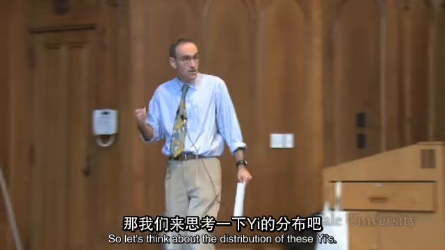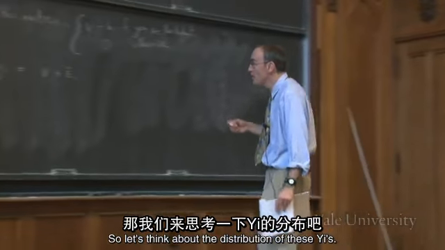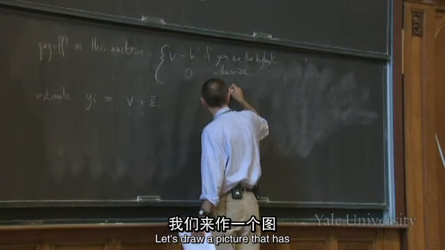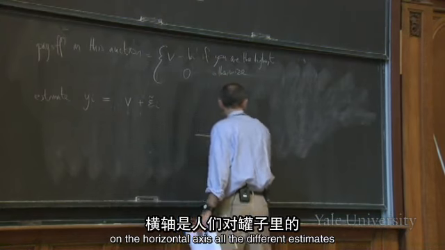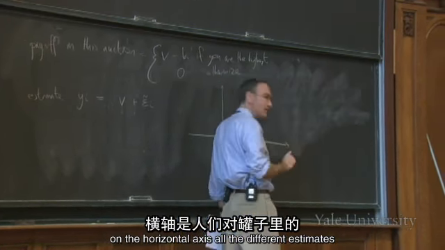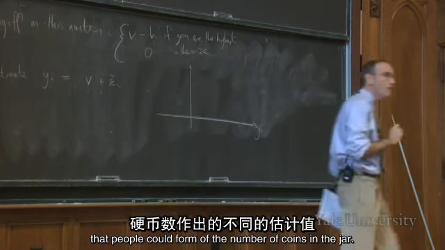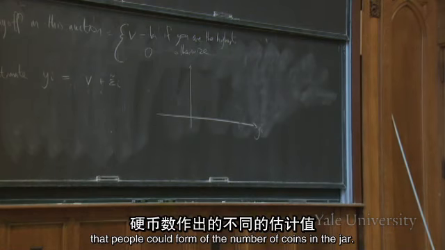All right. So let's think about the distribution of these yi's. Let's draw a picture that has on the horizontal axis all the different estimates that people could form of the number of coins in the jar.